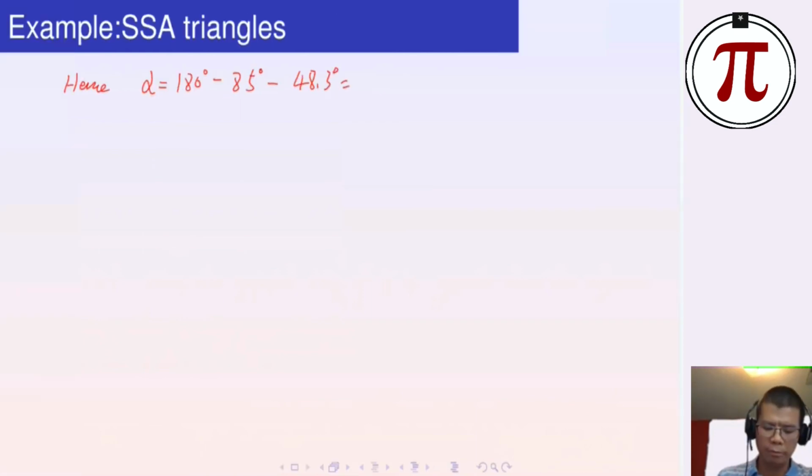Now what do we have? 46.7 degrees. So that is going to be alpha.